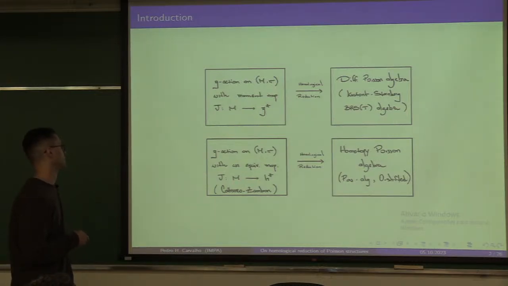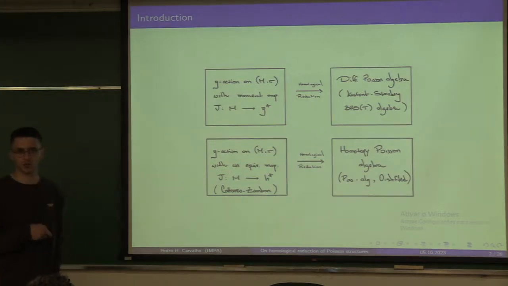I want to say that this kind of setting appears when you interpret Poisson reduction in terms of graded geometry. As I will explain, this setting appears when you look at Hamiltonian reduction of the shifted cotangent bundle.